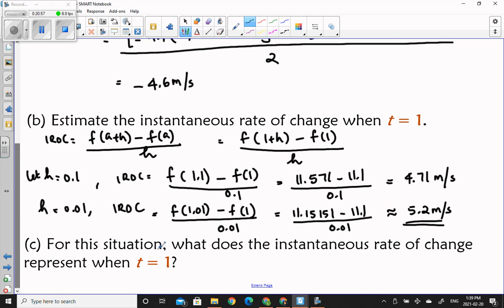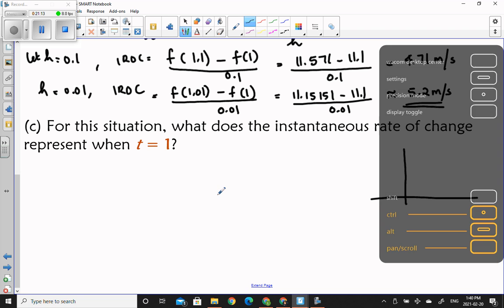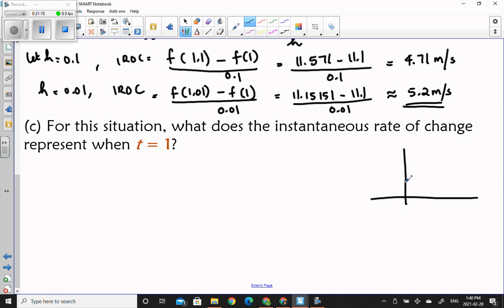Part C is asking me, what does it mean to have this answer? What is the meaning of 5.2 meters per second at time equals 1? Well, it actually means the speed of the ball. If you draw a rough sketch of the scenario, let's say the y-intercept in this question is 1. This is the height as a function of time. It reaches a maximum height and comes back down. That's the path of the ball.